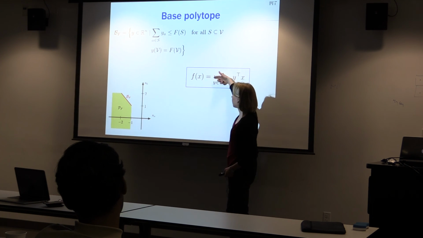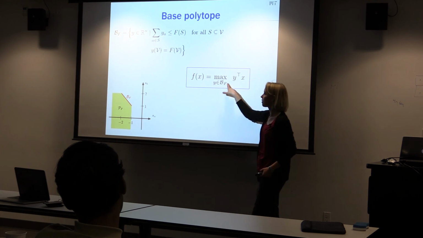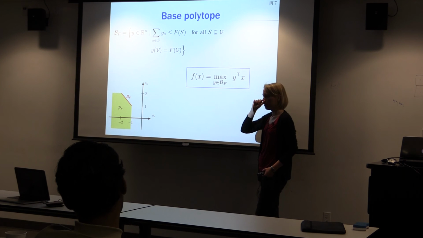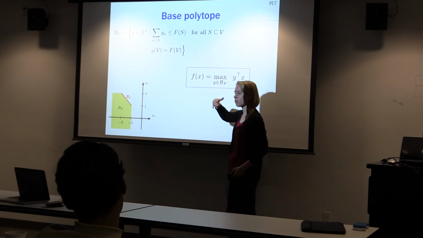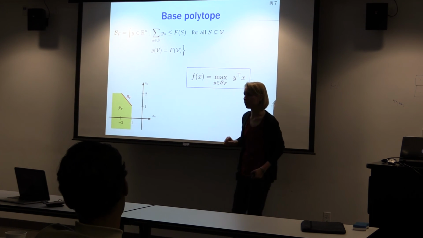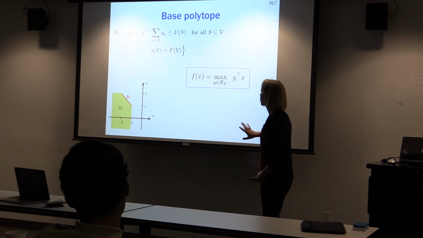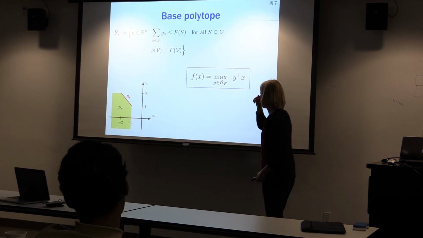Later I'll show you a dual problem of that minimization problem, which is going to be an optimization problem over this polytope. This is just a convex piecewise linear function, and what I'm arguing now is that you can actually compute it. And the properties of that base polytope will be important for the dual problem.